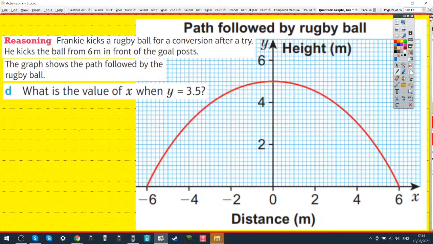Okay, so that was, you're given the x, you have to find the y. Now you're given the y, you have to find the x. Okay. Is that 4x?